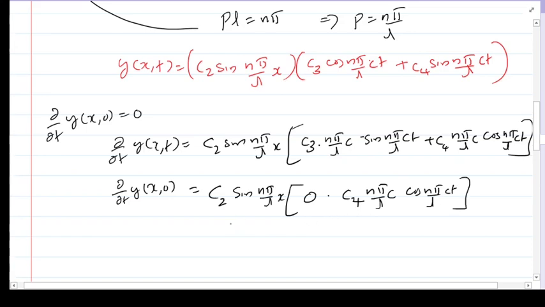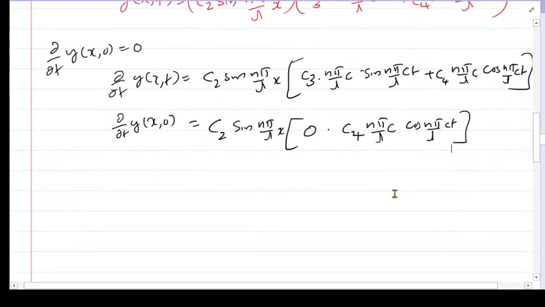Okay, that means this quantity should be 0. So we can write it like this: C2 C4 n pi c by L into sin(n pi x by L) into cos(n pi c t by L).